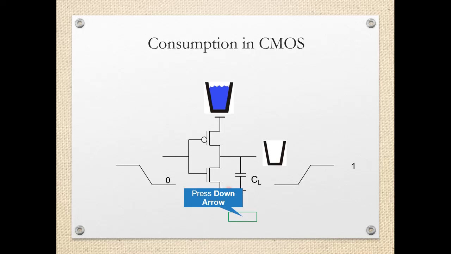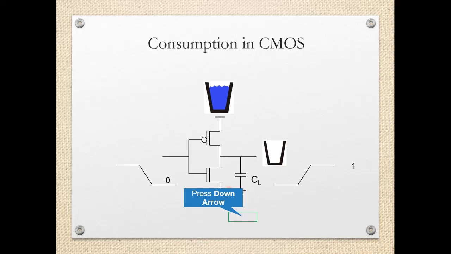Now, to check the consumption of power in CMOS circuits, we will apply some input to this circuit. This is the input waveform, which has a transition from logic high to logic low. As the name suggests, it is an inverter, meaning it will invert the waveform exactly opposite at the output.